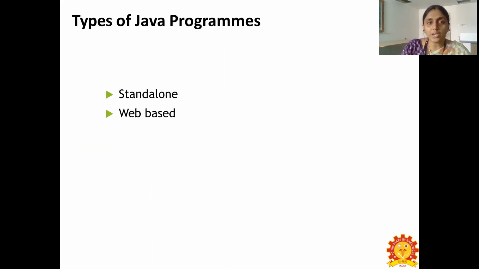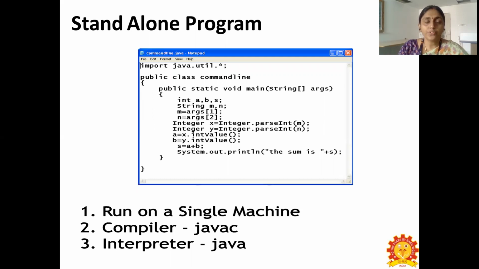So we'll see now the types of Java programs. The first is standalone programs and the other is web-based programs. First we will see an example of a standalone program, which we can just run on our own PC, where you are not connecting from one system to another system.